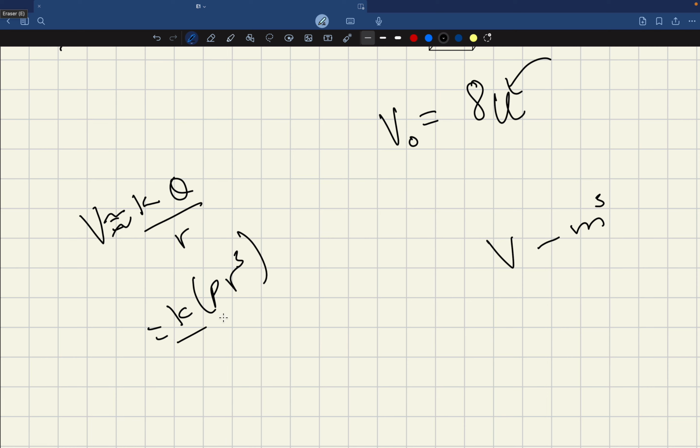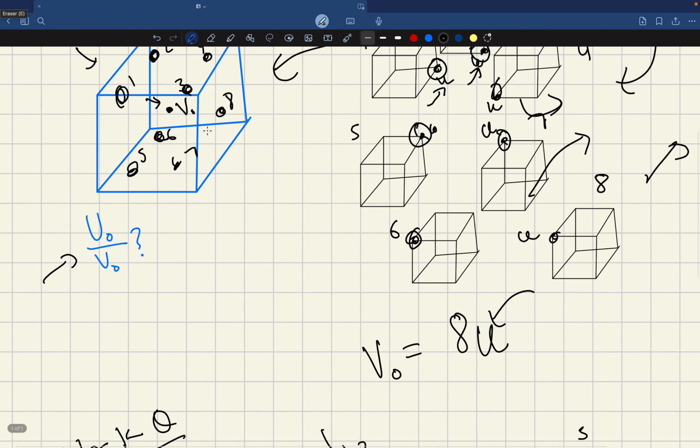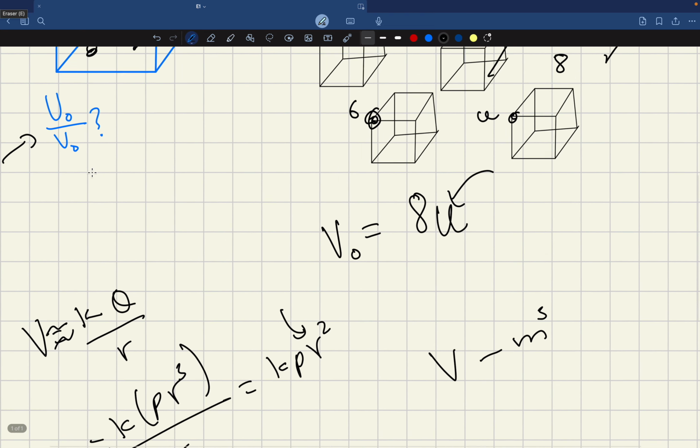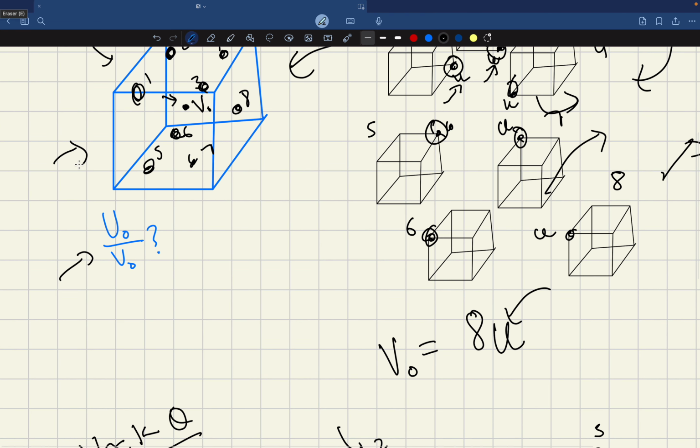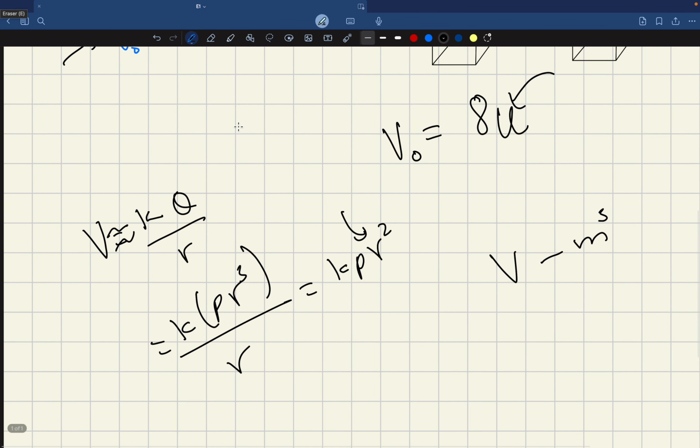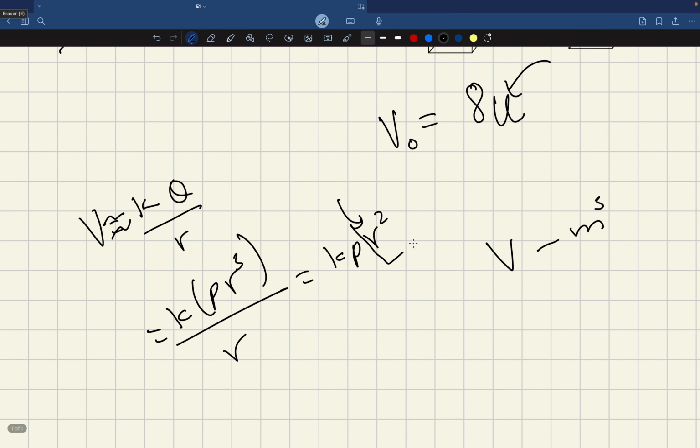Okay, now this is divided by r, so what we get is k times rho times r squared, where r is the dimension of our system, the dimensions of this cube. So what we've basically found is that the potential at a corner of this cube or at any place in this cube is going to be proportional to the square of the dimensions here.